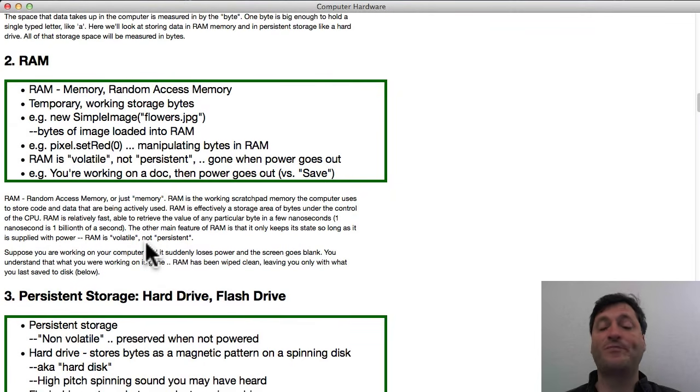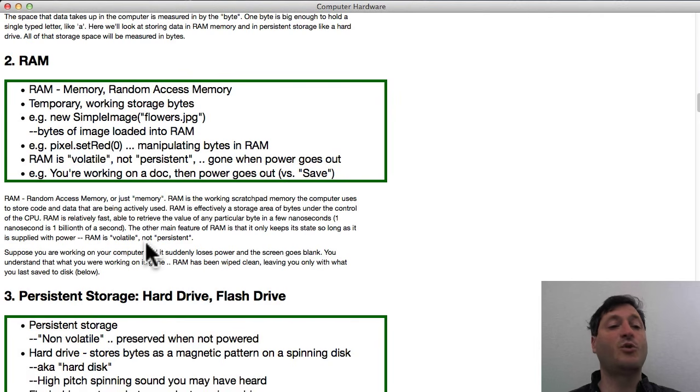RAM stands for Random Access Memory, or we might just say memory. RAM is the temporary storage used by the CPU to hold data and code that it's using right then, just in the course of doing computation.